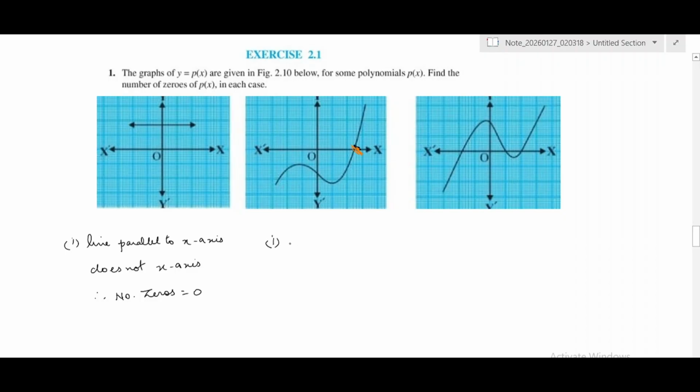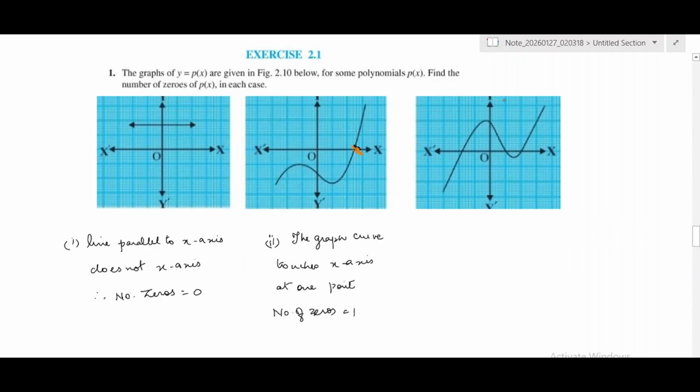So, second one, the curve touches the x-axis at one point. So the number of zeros is equal to 1. This is very easy, simple.